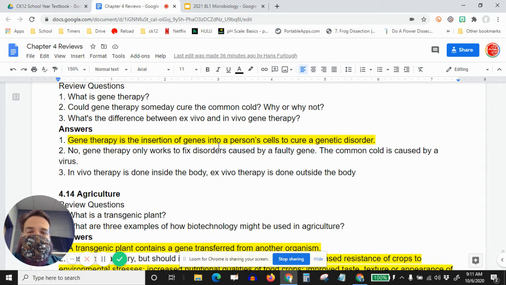And the way they usually do this is they take a virus, and all viruses do is inject their DNA, and then living cells are just like computers. They take that foreign DNA and they treat it like a computer program and they run it. And that computer program tells the cell to make new viruses. So they make more and more viruses until they rupture and release those viruses.